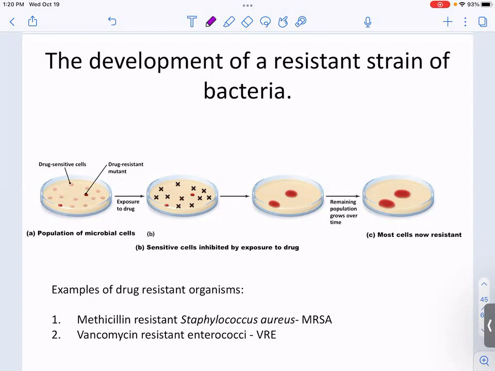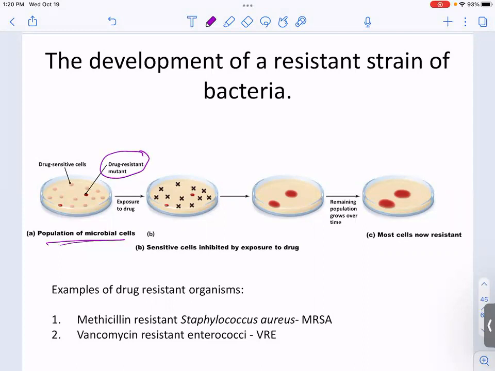So in general, we're going to look at this much more specifically in some specific mechanisms, but how do bacteria become resistant to an antibiotic? The mutation rate is pretty fast because bacteria are reproducing so quickly, so they're going to have more mutations. With any population of microbial cells, you might have a few cells that by some mutation become drug resistant.